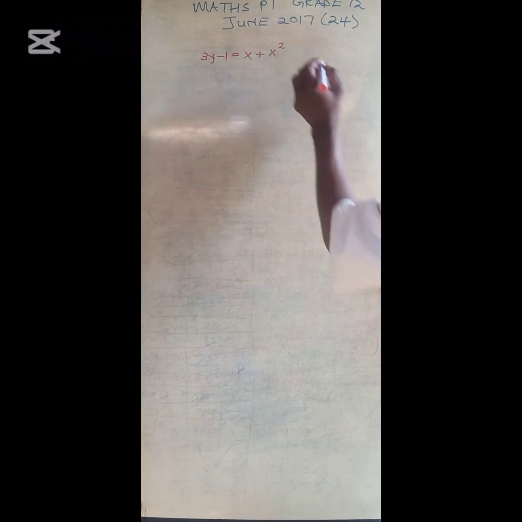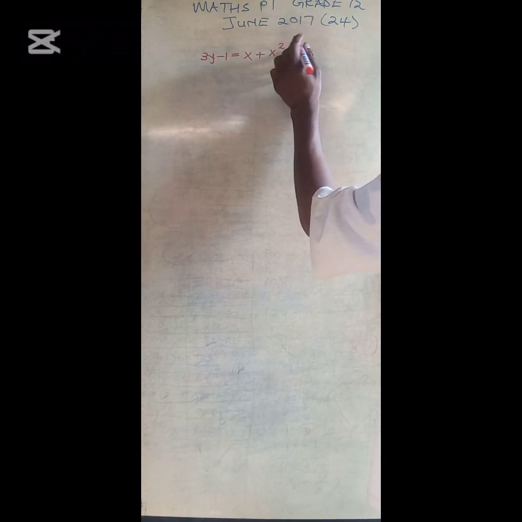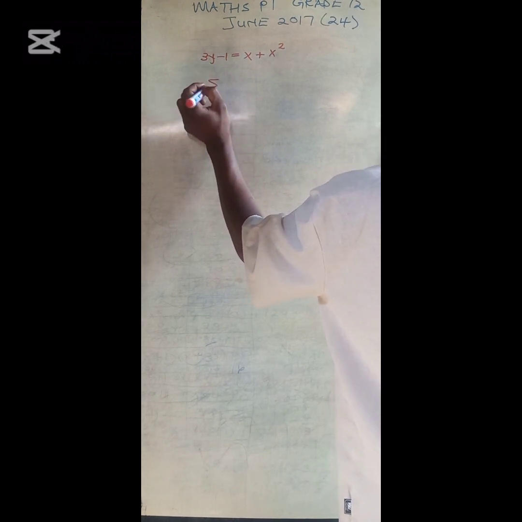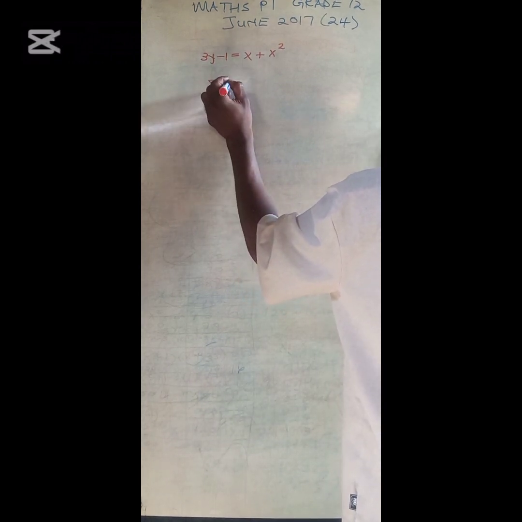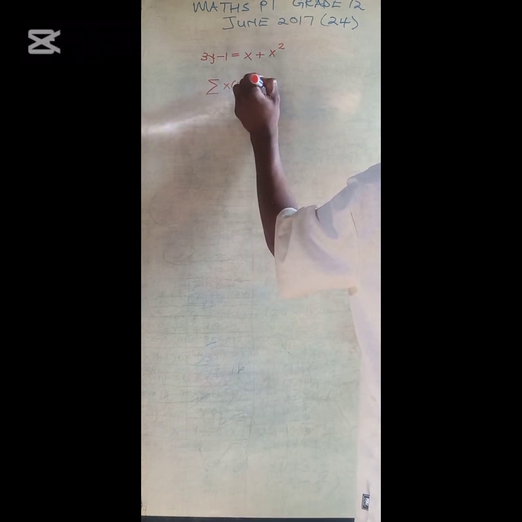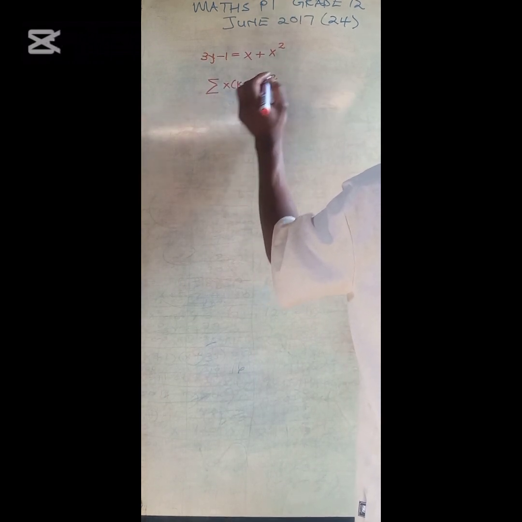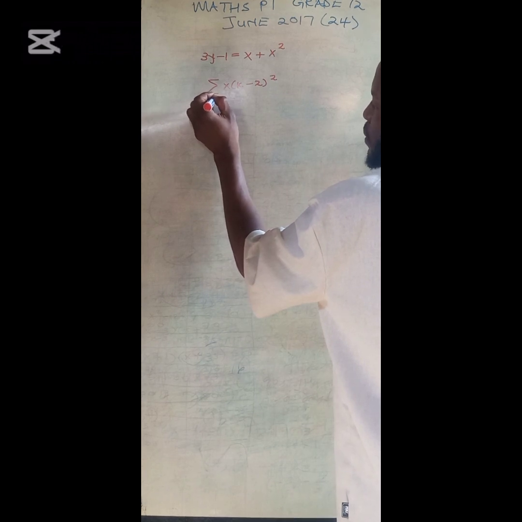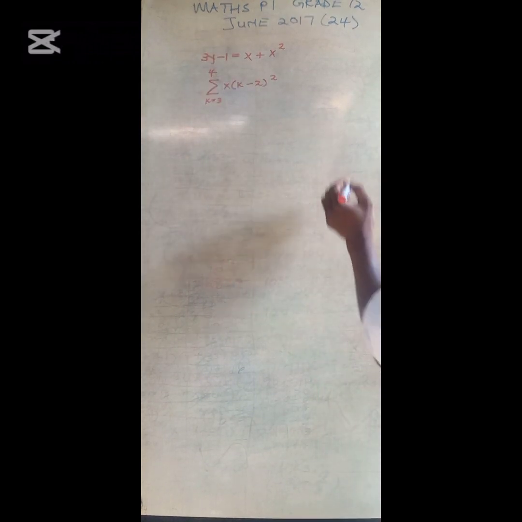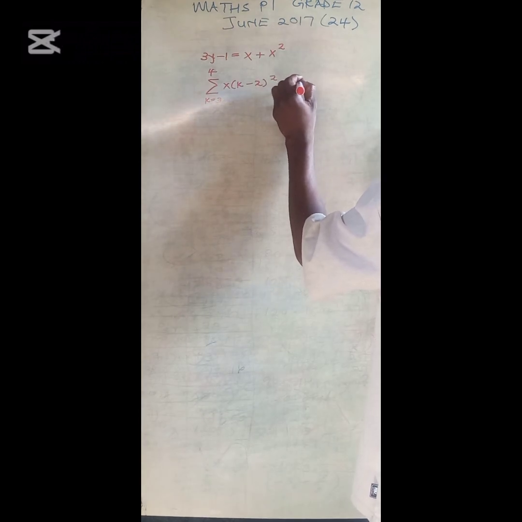So this is our equation 1. And the sum of x times (k minus 2) all squared, from k equals 3 to k equals 4, is equal to 5y.